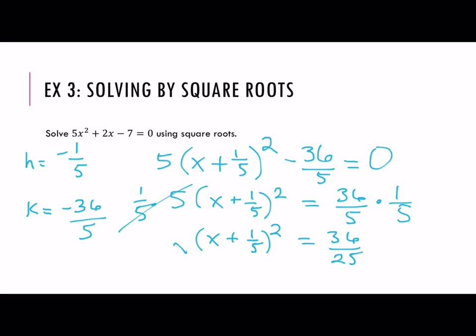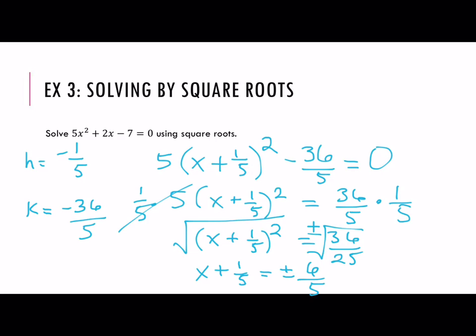And then we're ready to square root both sides and put in a plus or minus sign. And we have x plus 1/5 is plus or minus. And now see how nicely this works out because I left this as a fraction. So it turns out that we can square root numerator and denominator. So the square root of 36 is 6, and the square root of 25 is 5.